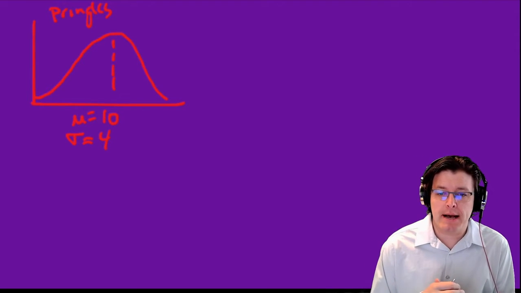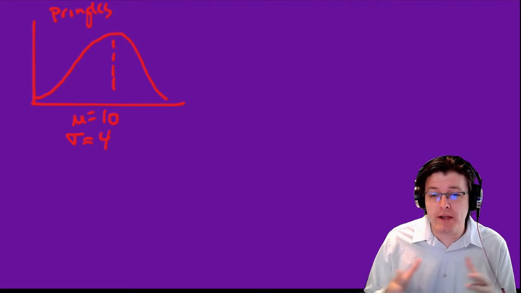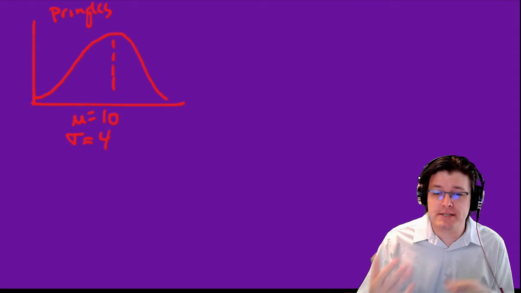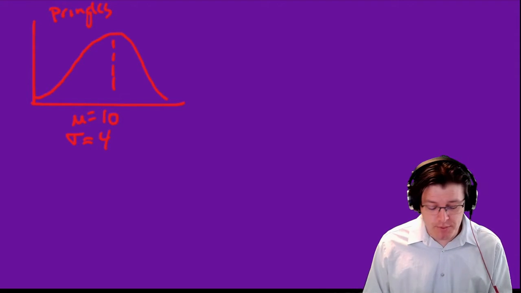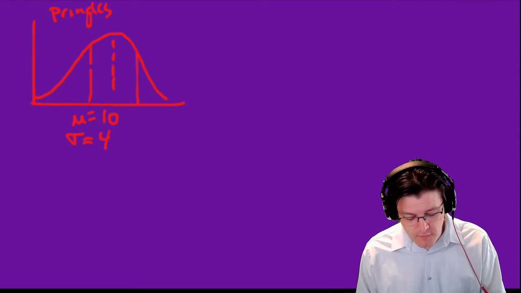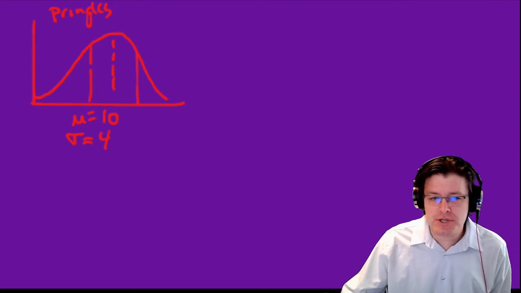So right away we can understand a little bit about how many Pringles people tend to eat. The empirical rule tells us 68% are between 14 and 6, just getting a sense of the distribution.